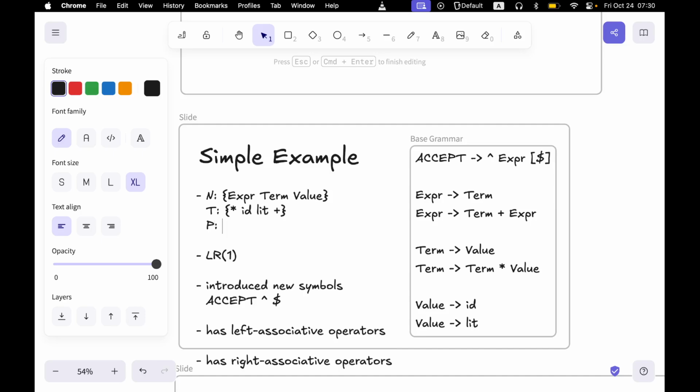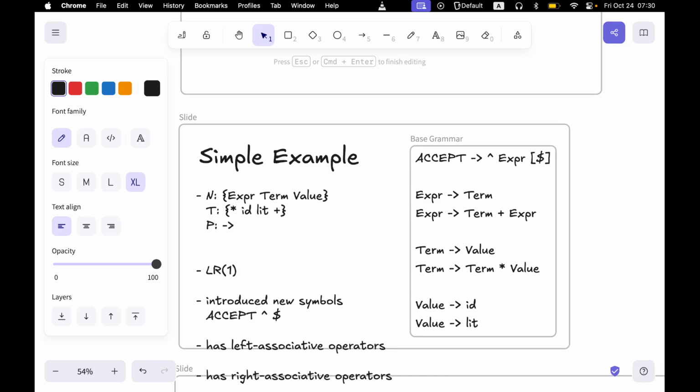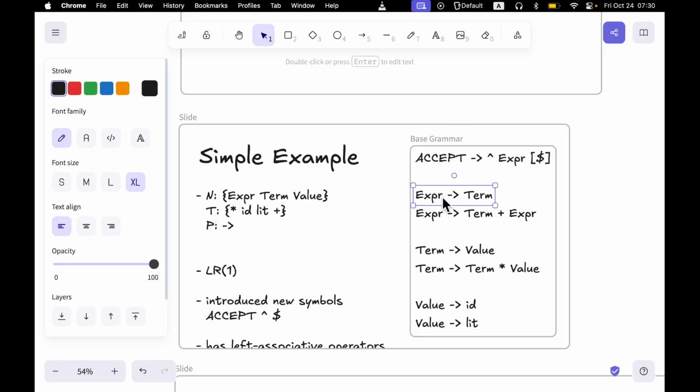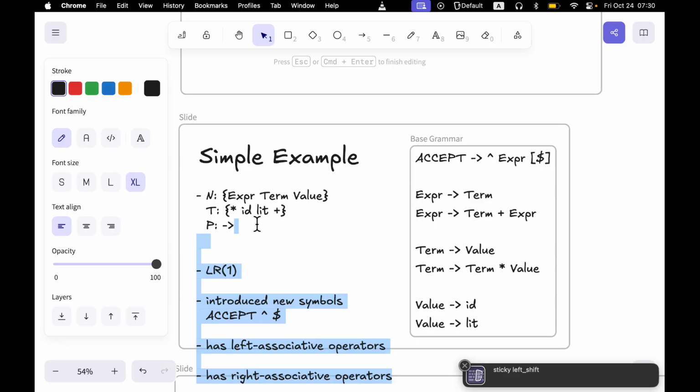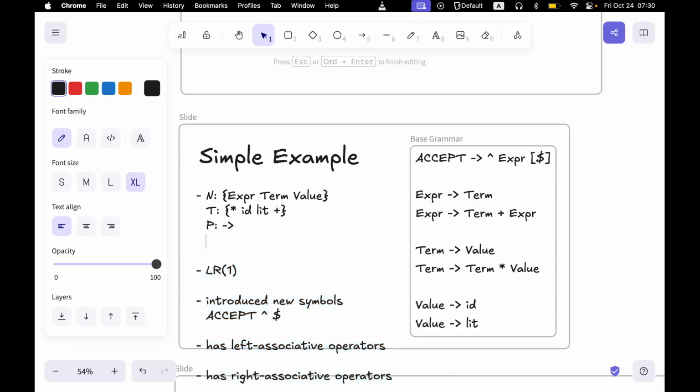The productions are given at the right, but without this new production. These are the original productions. So these 6 rules are the original productions of the original grammar, and the start symbol is expression.